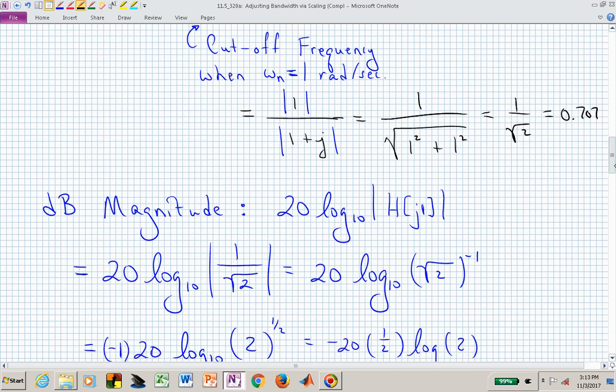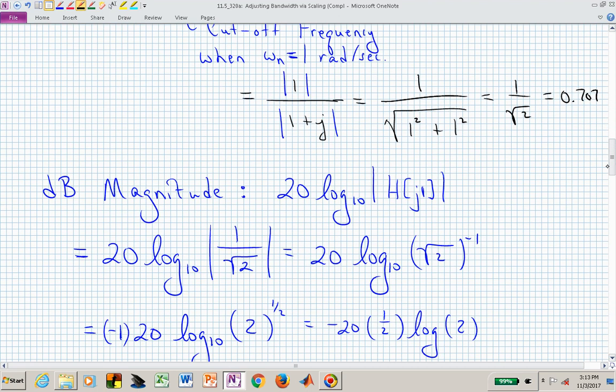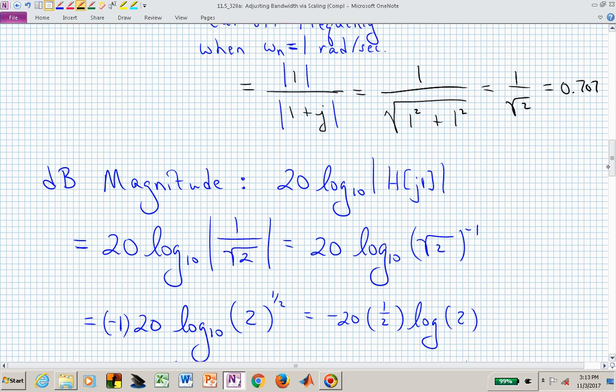Now let's remember our facts relative to logarithms. If we have the exponent in the argument of a log, we can pull that out in front of the log, so the -1 pops out in front. The square root of 2 is like having 2 raised to the 1/2 power.